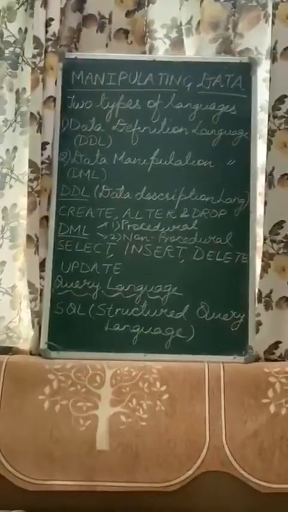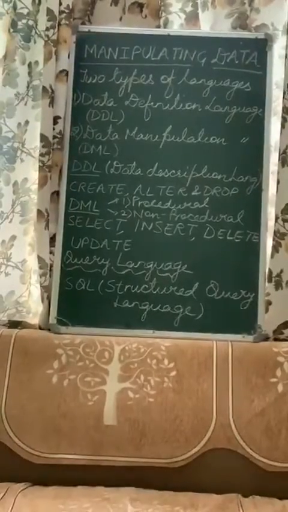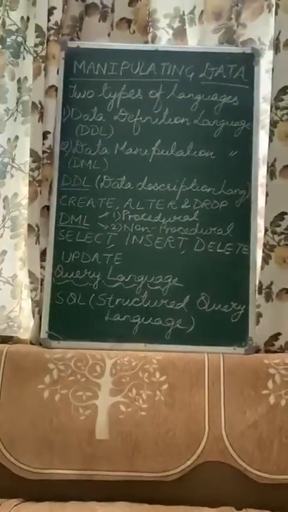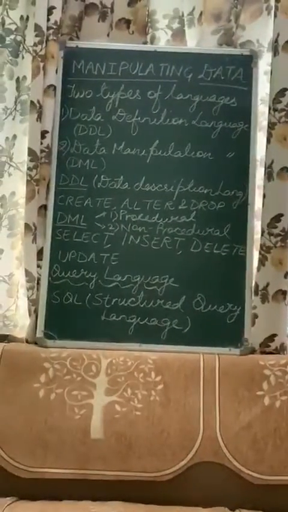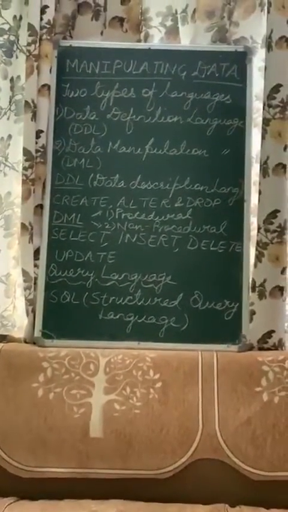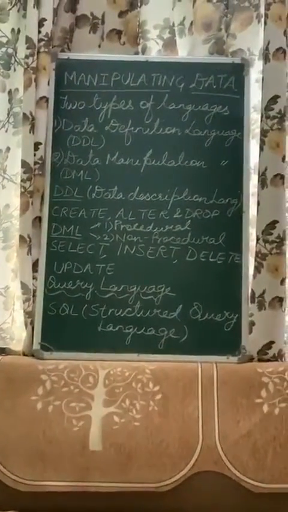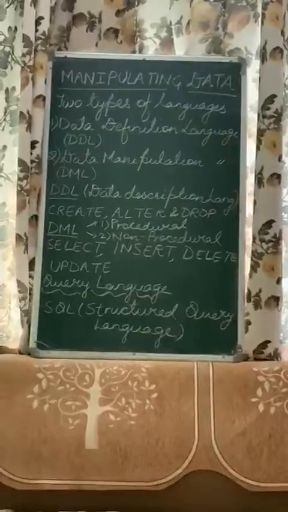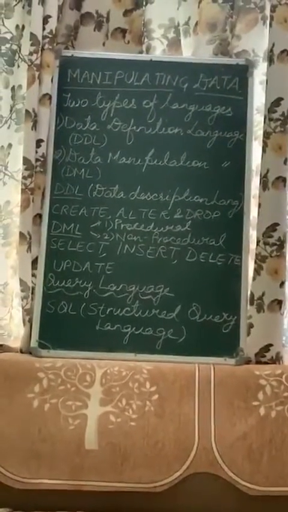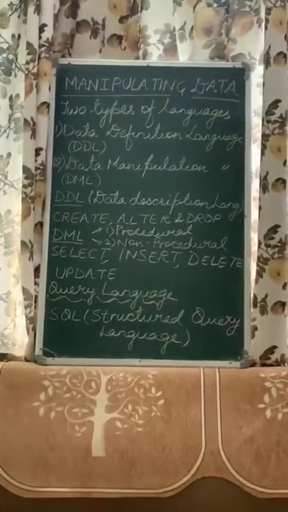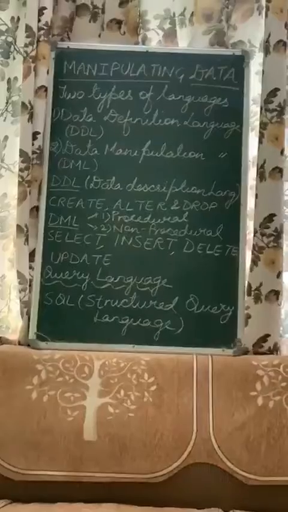The common DDL statements that we'll be using are create, alter and drop commands. Create, as the name suggests, will be helpful in creating the table, because you are storing the data in the form of a table. Then alter means that if you want to add a column to the database table.